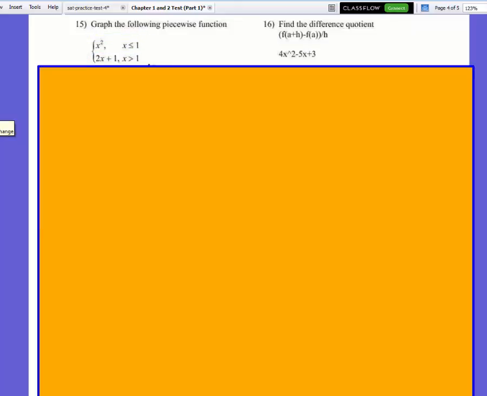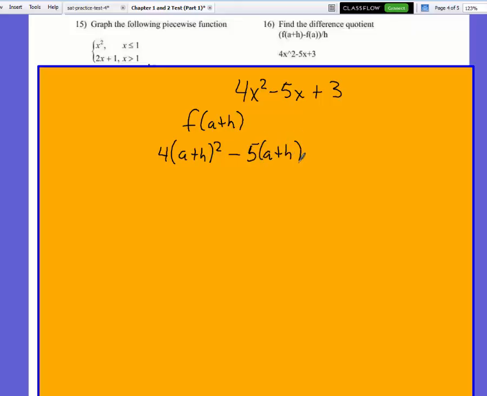All right, to find the difference quotient, so here I got 4x squared minus 5x plus 3. I know if I want to be able to find this out, we have to do f of a plus h. So f of a plus h is going to be 4 times a plus h squared minus 5 times a plus h plus 3.